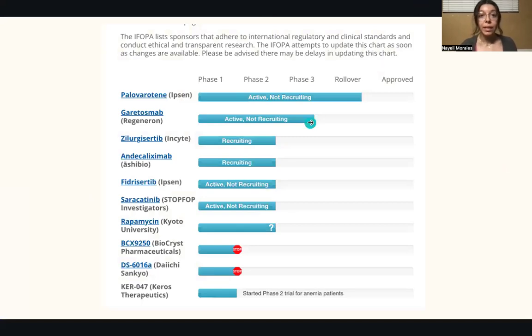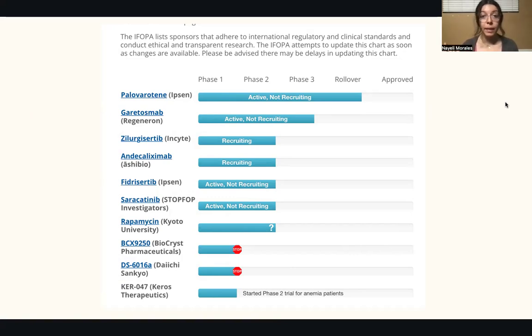So this right here is a graph that I grabbed from the Association of FOP, right? And the medication, there's a bunch listed here. The one that I mentioned on the last slide is the one here, the very first one. This is a bit outdated.